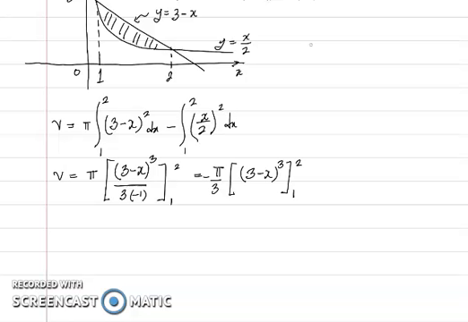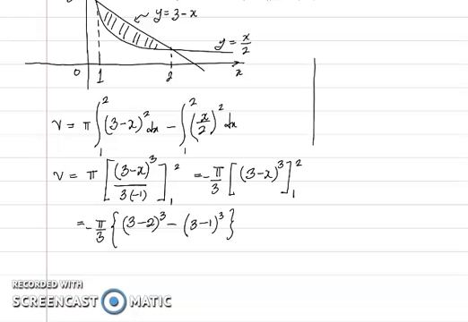All right, so this is going to be equal to minus pi over 3. First, let's replace x with 2, so we have 3 minus 2 cubed, minus, then replace x with 1, 3 minus 1 cubed.